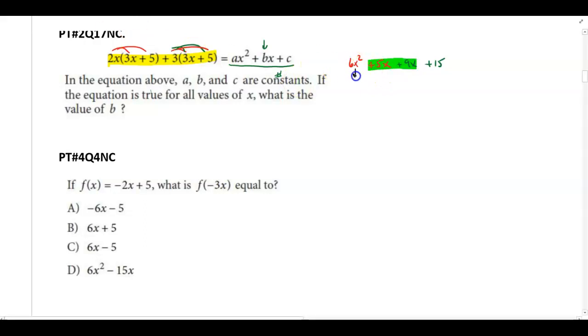So bring down the 6x squared, then plus 14x, then plus 15. This matches up with the ax squared, the bx, and the c, or constant. What number is in front of x in our simplified expression? b would be 14, and that's the answer you would bubble in.